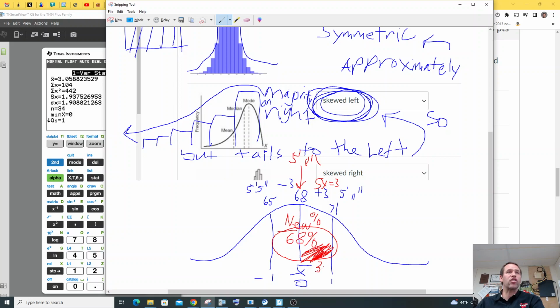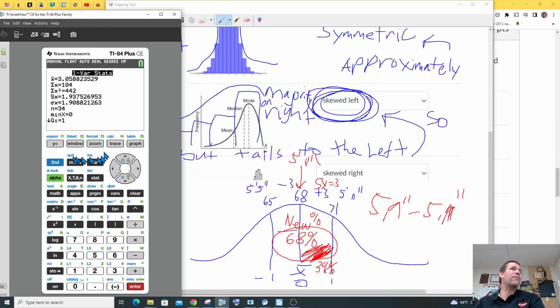And that is true. But what if you want to go even further and say, I want to know the probability that the next person walking in the room is not 5'8", but 5'9" to 5'11"? Now you're getting tricky on us. And to do that, we would use our calculator.